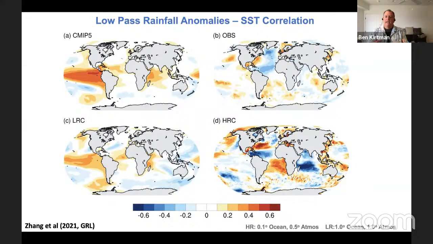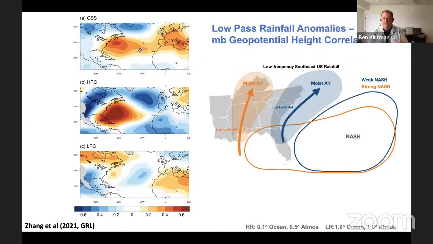What you see is the CMIP5 models and the low resolution model overemphasize the wintertime correlation. That's why you see that big ENSO signal. But when you look at the high resolution models, they actually emphasize the summertime correlation, which is more related to the Gulf Stream and shifts in the NASH, and that's what's happening in OBS. And this is this shift in the NASH, and if I had more time, I could chat about that.